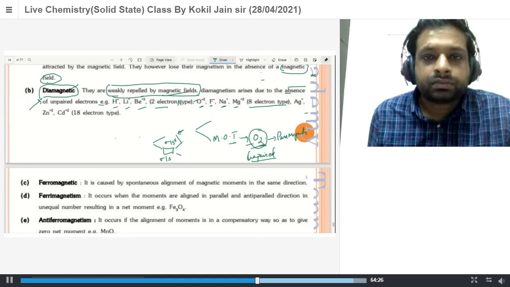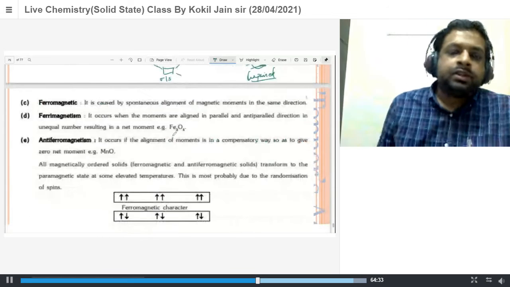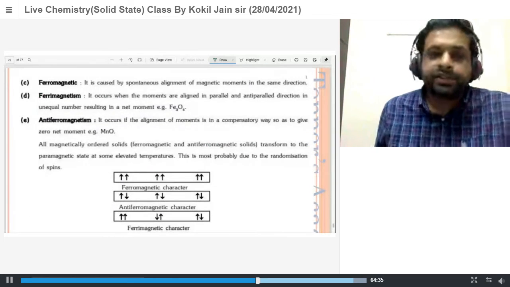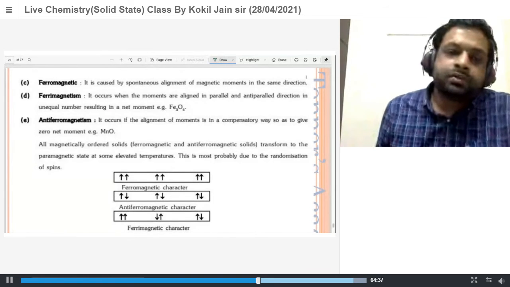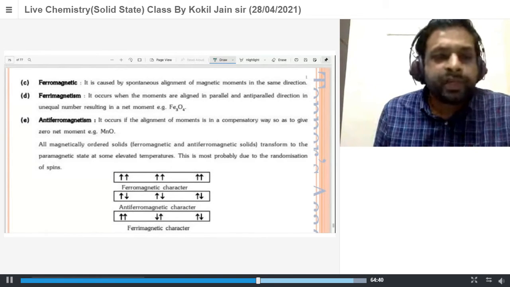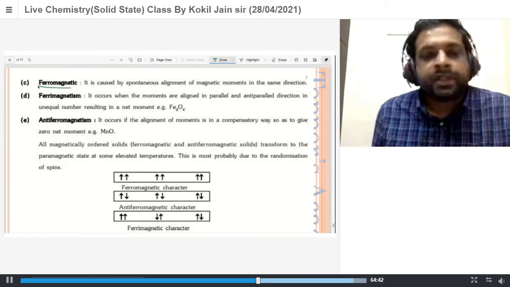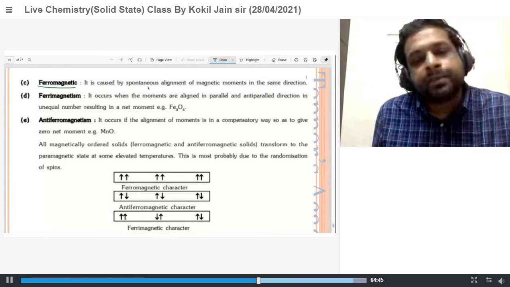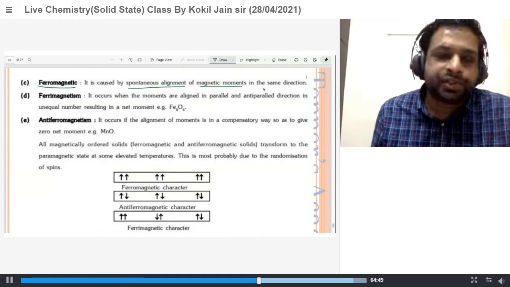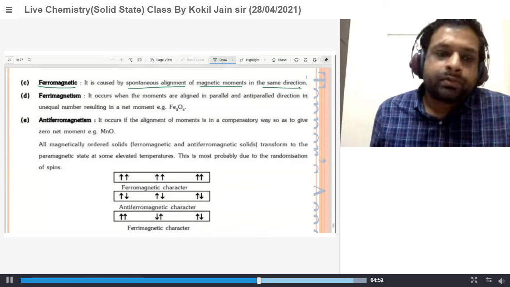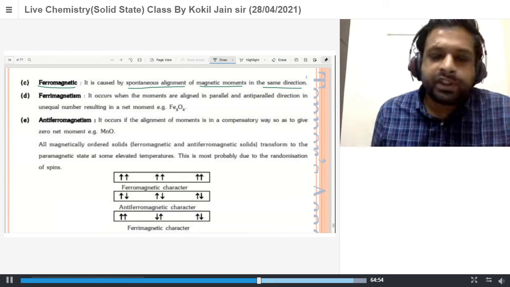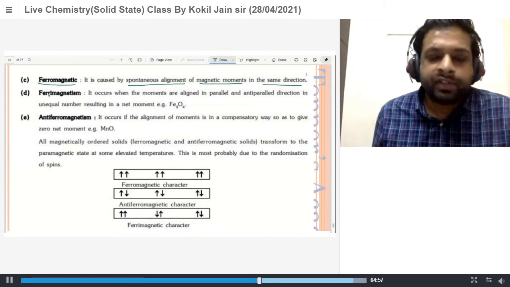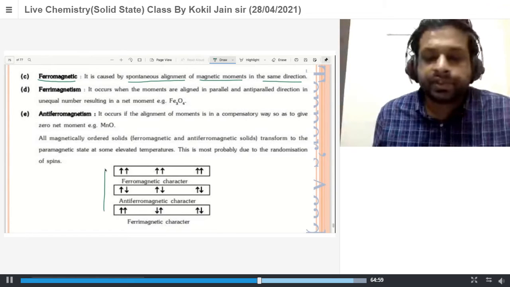Now let's see another type of magnetism. First is ferromagnetism. It is caused by the spontaneous alignment of the magnetic moments in the same direction. These are the different types of structure.